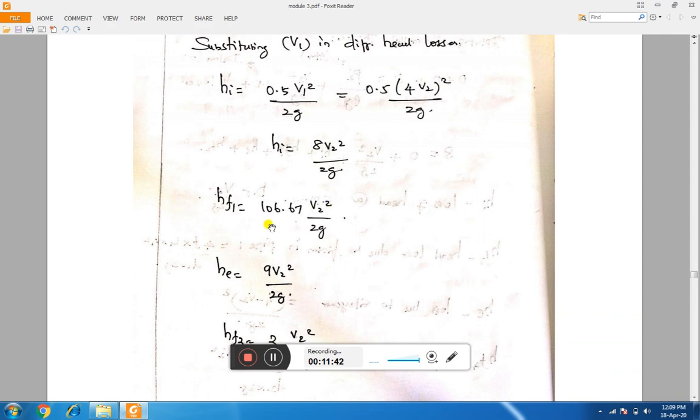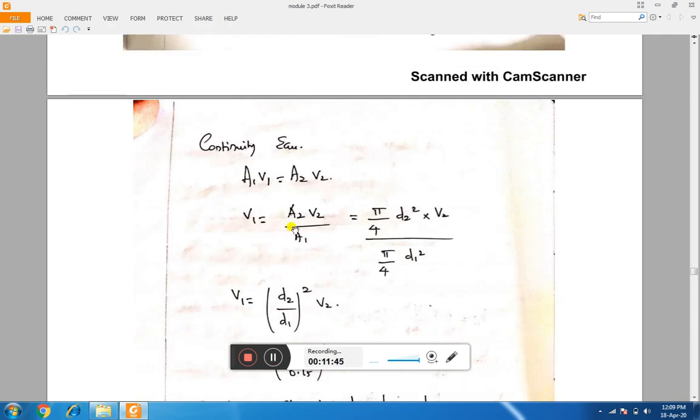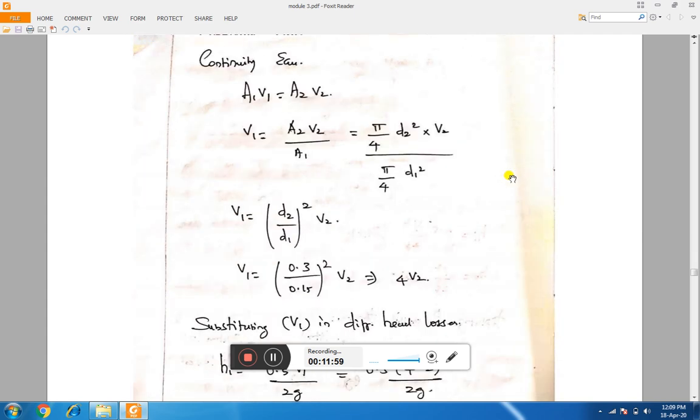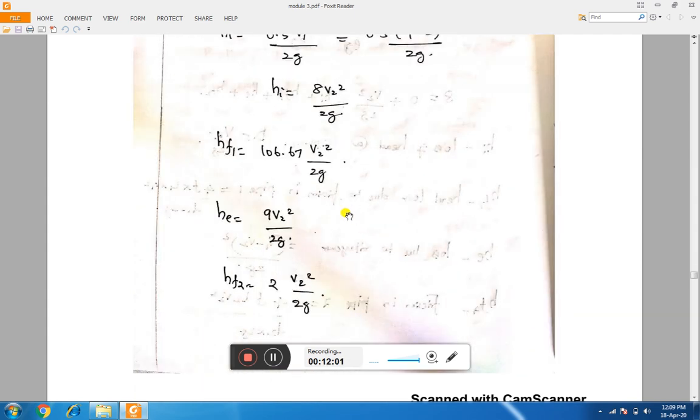So hf1 equals 4f L1. 4 into f, which is 0.01, L1 is 25 meters, the length of pipe 1. V1 equals 4V2, by the diameter of pipe 1, 0.15, into 2 into 9.81. So after substituting we get this final value.